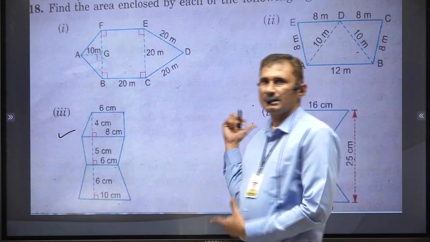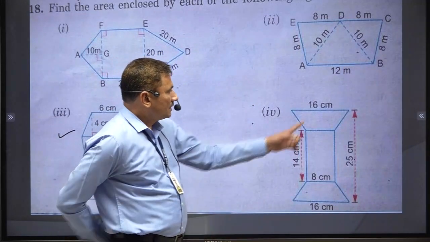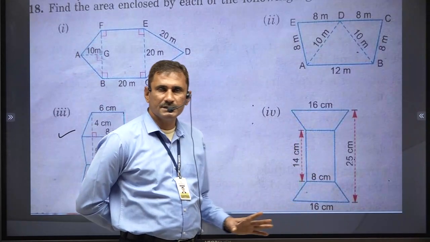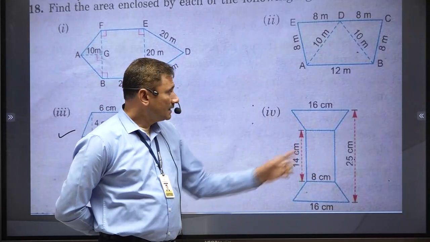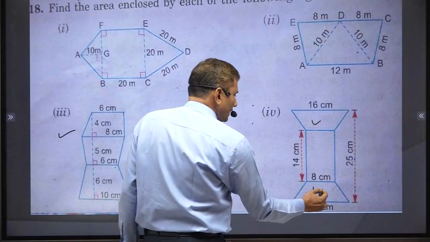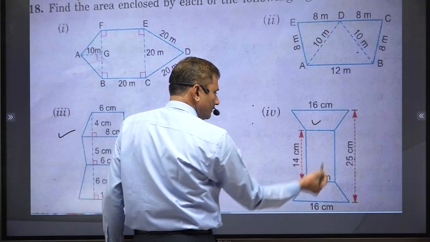Okay, now the second thing is here. Here also, again, regarding parallel, nothing is specified. Another thing, nowhere is it given that this and this are equal, because 8 and 16 are equal, obviously.